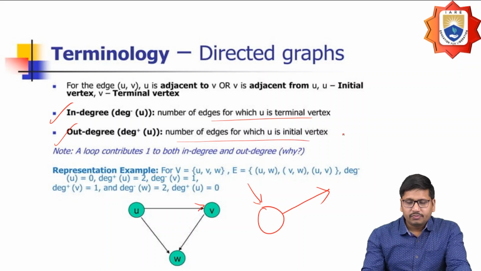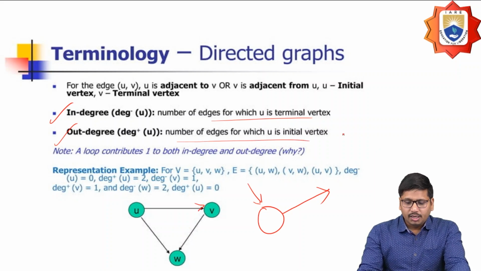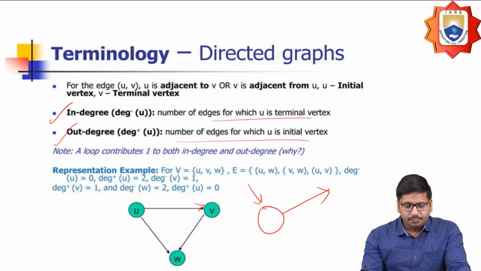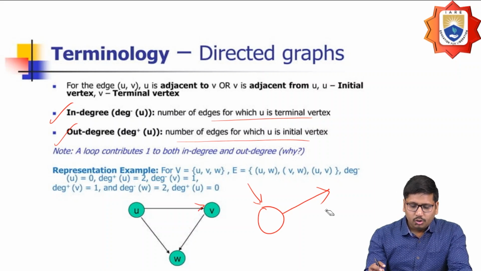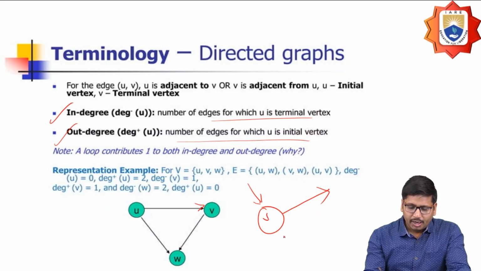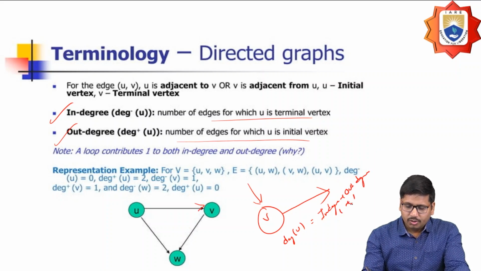The out degree is the number of edges for which u is the initial vertex here, and the total degree of the vertex v is calculated as in degree plus out degree. So the in degree of this vertex is 1 plus out degree 1, so totally 2.